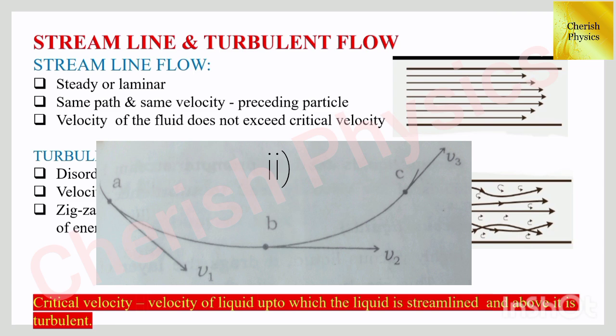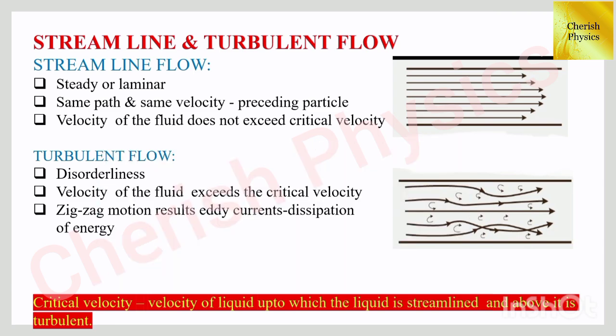In streamline flow, the velocity of the fluid does not exceed the critical velocity. If it exceeds the critical velocity, it loses its steadiness. That disorderly flow of liquid is said to be turbulent flow. This zigzag motion results in eddy currents, which are small loops, which lead to the loss of energy.